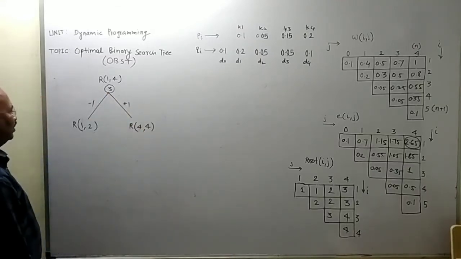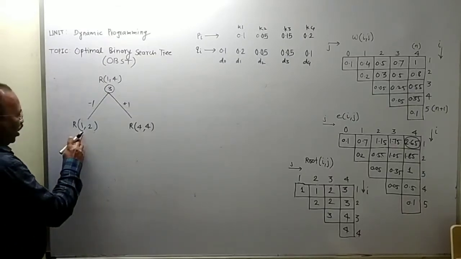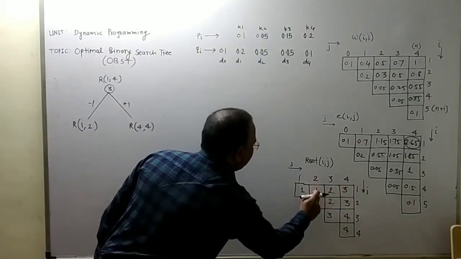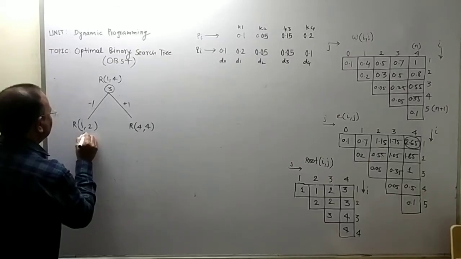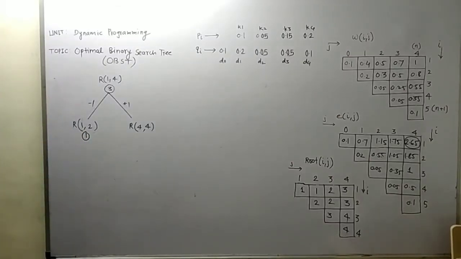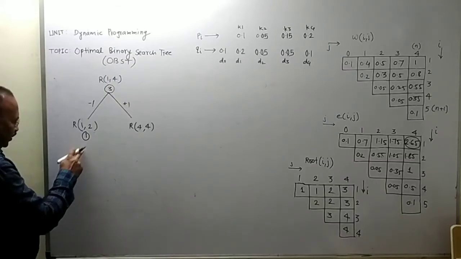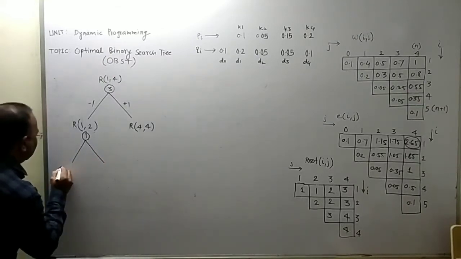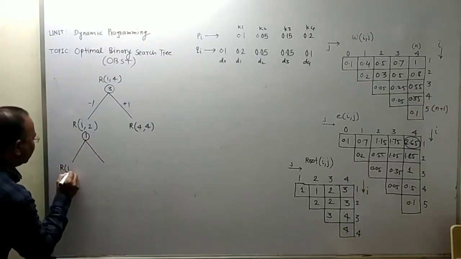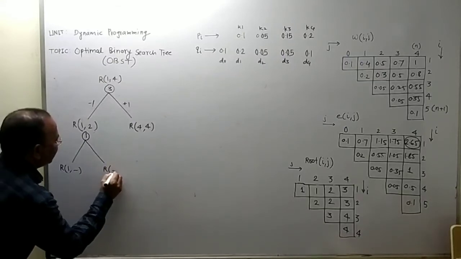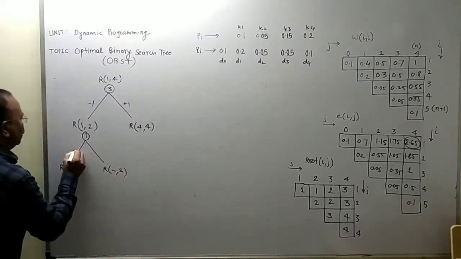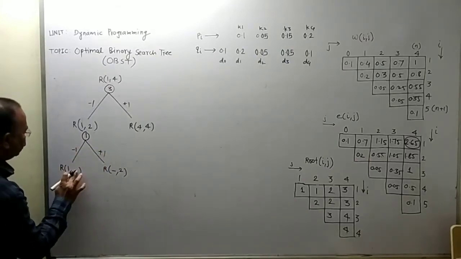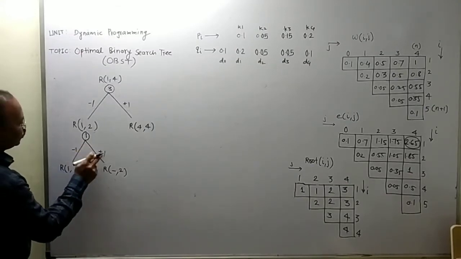Right? Now find out the value at the 1 2 cell in the root table. The 1 2 cell value is 1. Now we have to expand this to get the left and the right child. R1 will be as it is, dash, then R dash comma 2, minus 1 plus 1. 1 minus 1 is 0, so 0 will come here. 1 plus 1 is 2.